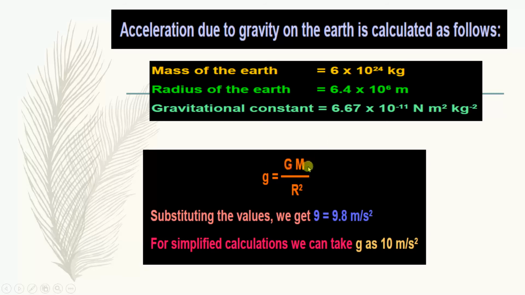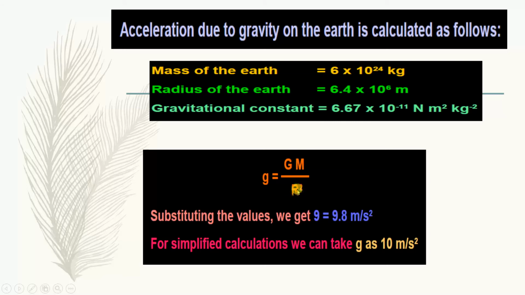So on top 6 will come twice, and at the bottom 6 will come twice, so they will cancel. Just see the powers of 10. Here for G the value is -11 and for M the value is 24. So while solving both these, the bases are the same, powers are added, and we get 13.